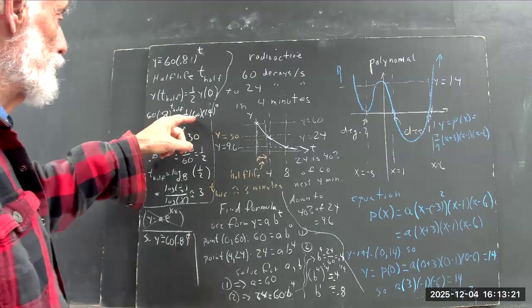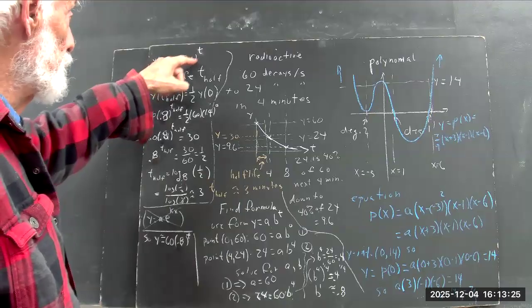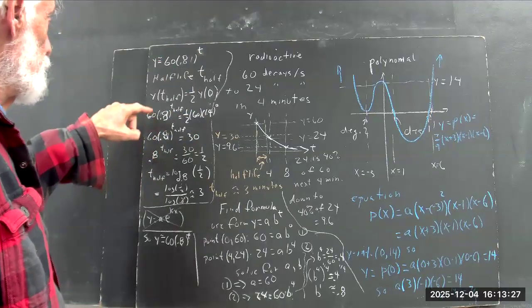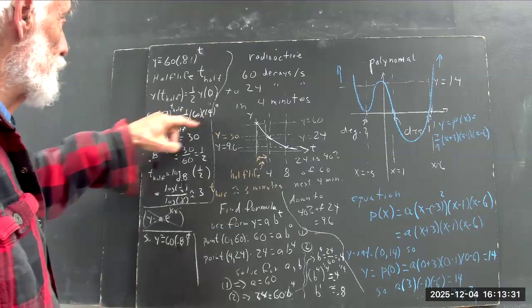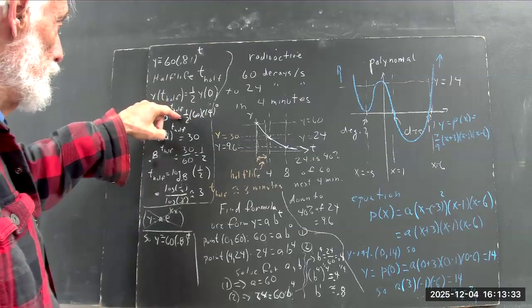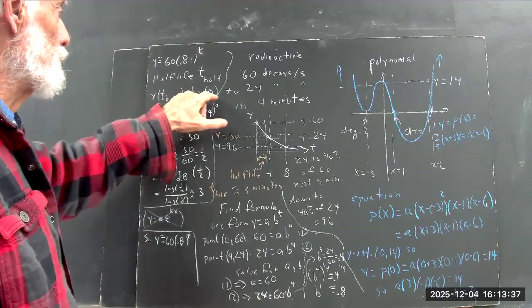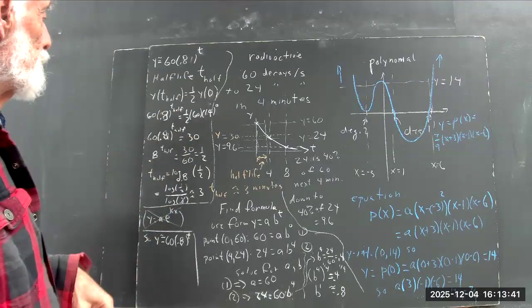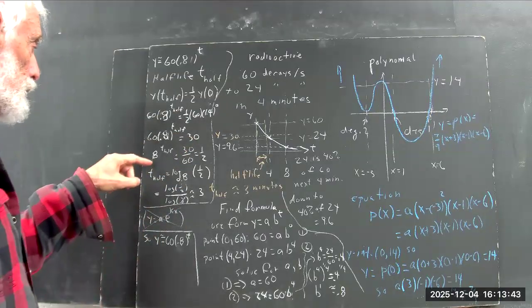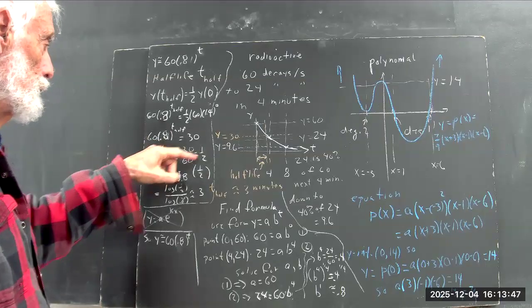Y of 0 is just plug in 0 to our function, 60 times 0.8 to the 0. That's going to equal 60 times 0.8 to the t half, where the left side is half of y of 0. We're just saying that at the half-life, it's going to be half as much as it was at t equals 0. We do the numbers, and we quickly get to 0.8 to the t half equals 30 over 60, which is 1/2.